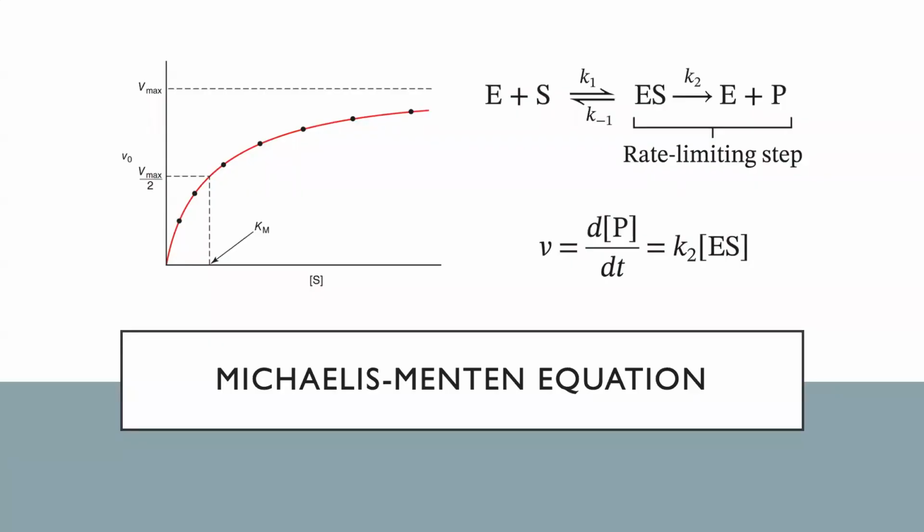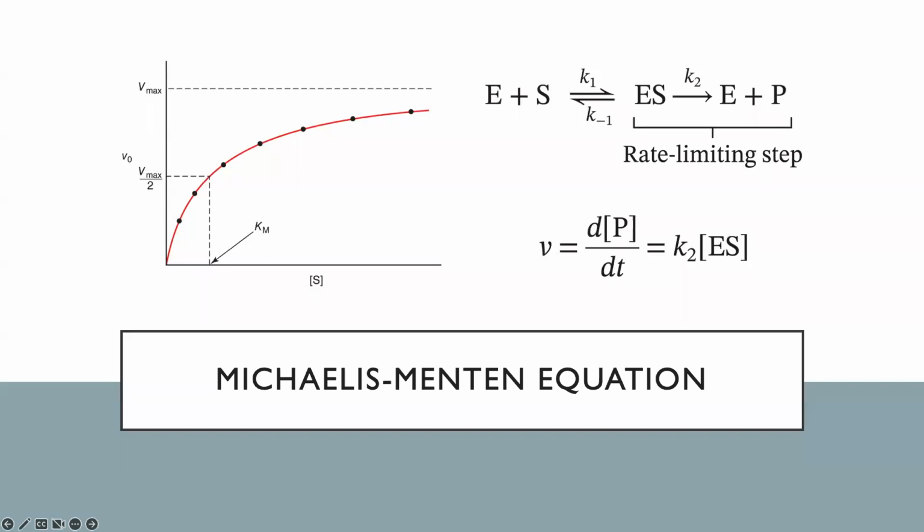So we can describe these processes mathematically, and we can use Michaelis-Menten kinetics for this. But I do want to point out that not every enzyme follows Michaelis-Menten kinetics, but most will. The enzyme and the substrate are going to interact at K1, so you can see that here.